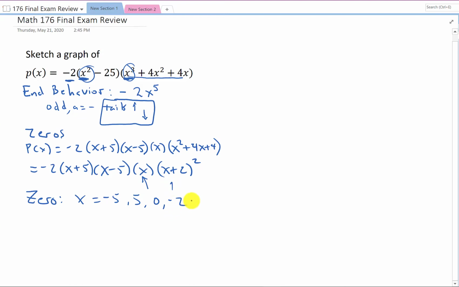But I want to take a note here. This one is multiplicity equals 2. That's even. That's going to change how this graphs a little bit here. Okay, so we know the zeros and we know the multiplicity.